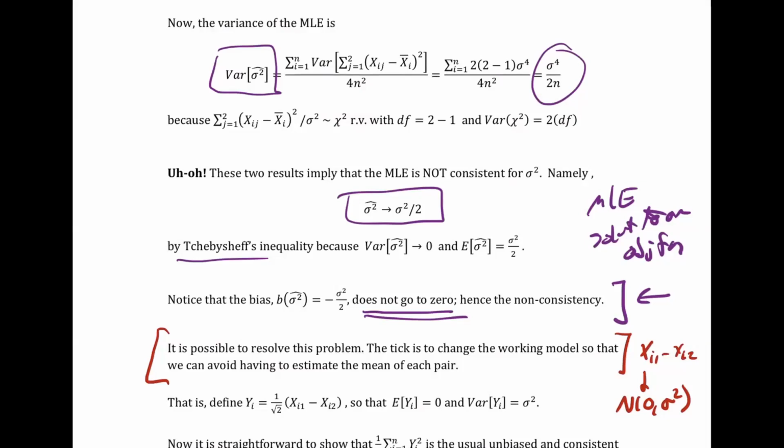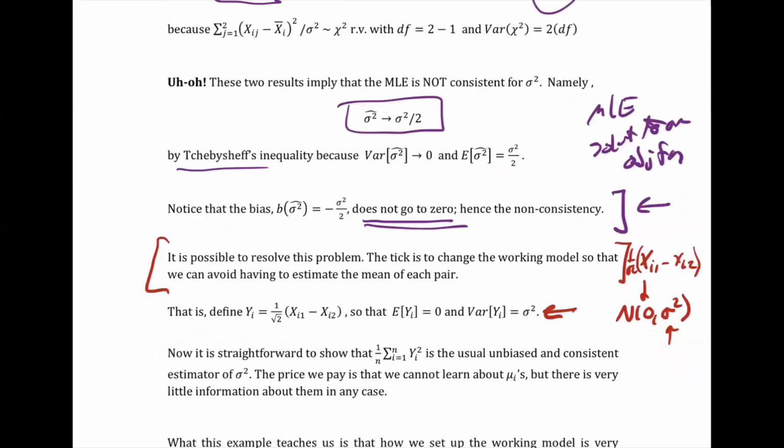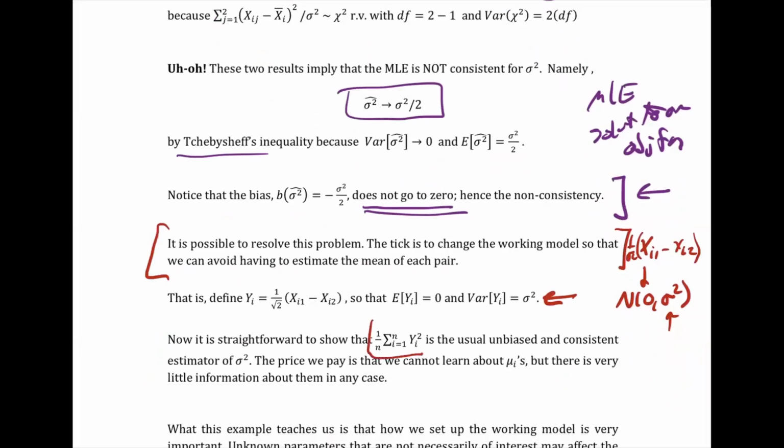And now you can go estimate this thing. Actually, you need 1 over the square root of 2 here. You need a little 1 over square root 2 to get the right variance. Otherwise, this is twice the variance. And now, if you take the squared differences, this is the usual unbiased and consistent estimator of sigma squared.